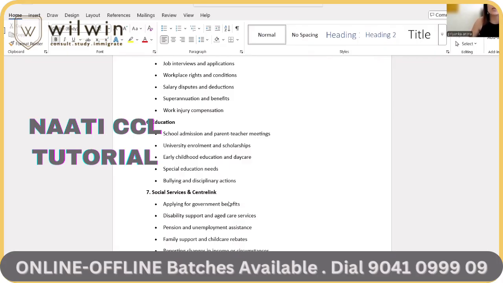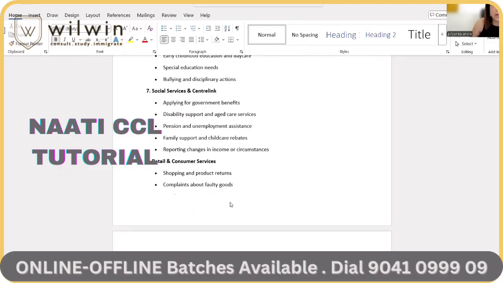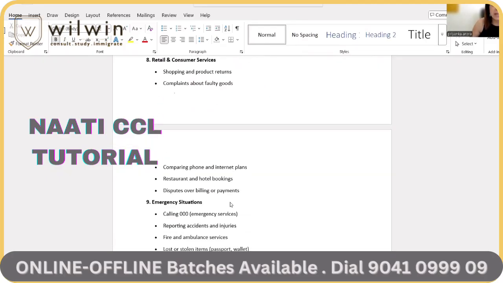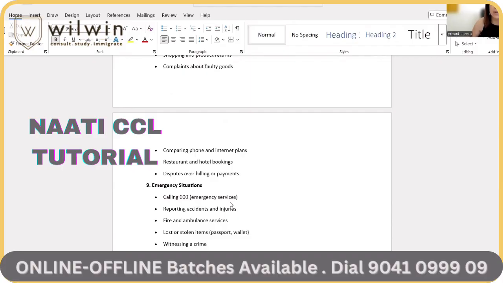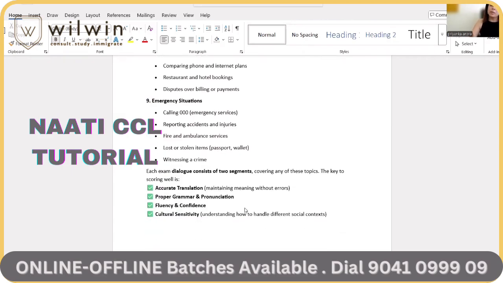It provides various kinds of allowances and supports. The next one is retail and consumer services. And then the emergency situations, wherein you are calling an emergency number, or you are reporting an accident, or you want to report some theft.